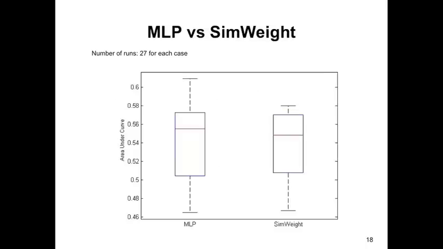A further comparison of AUC scores between all runs using MLP and SIMWeight shows MLP also performed better as a whole. This is the modeling procedure recommended in most cases by IDRISI's documentation, and it resulted in the highest AUC scores for this study.